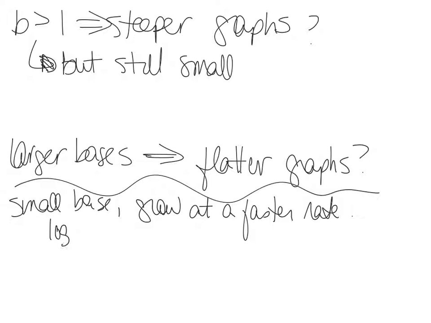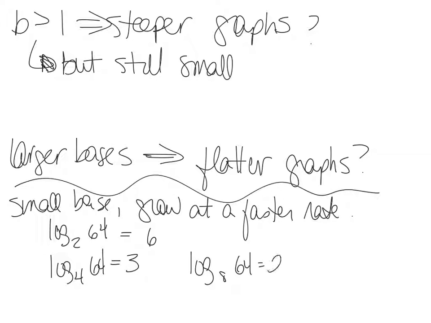For example, if I just looked at log base 2 of 64, that actually equals 6, because 2 raised to the 6th power is 64, where log base 4 of 64 equals 3, because 4 raised to the 3rd power is 64. Or I can even say log base 8 of 64 equals 2. The larger the base is, the slower it grows. So the same input of 64 produces a smaller output as the size of the base increases.